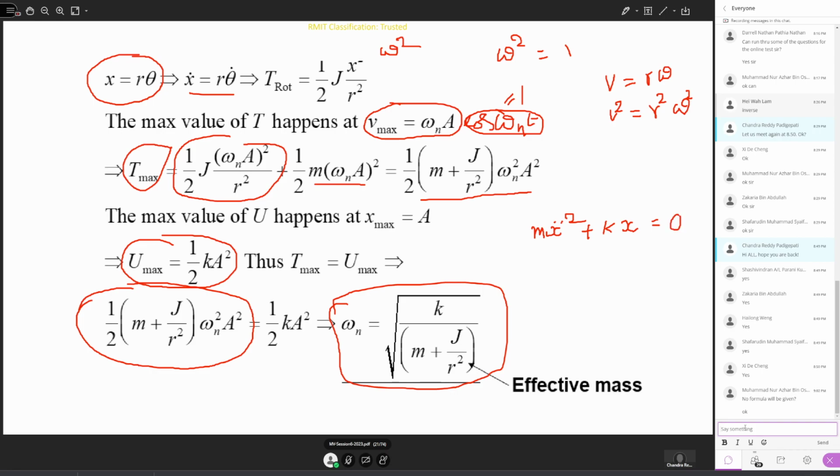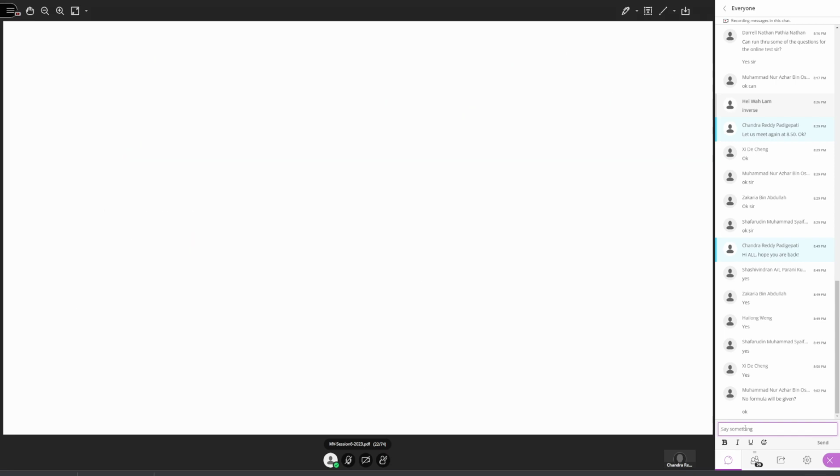So omega n, you write it as square root of k by m. Write your equation of motion in the standard format like this, and from there you'll be able to find out the natural frequency of the system. You can also go through the learning guide for a more detailed explanation of this.